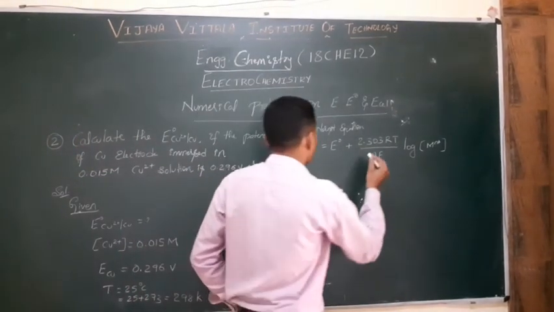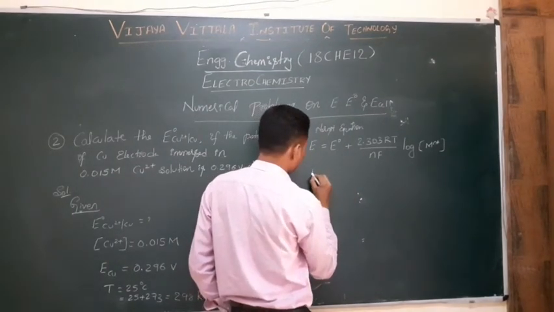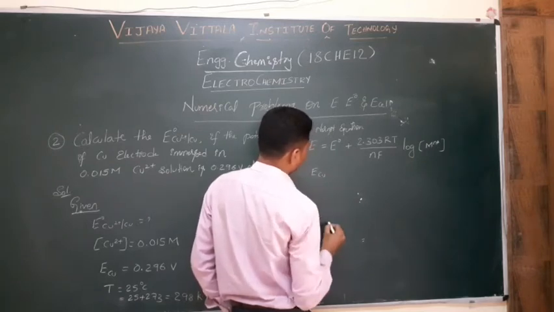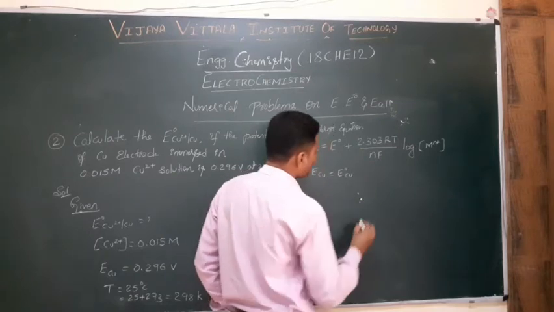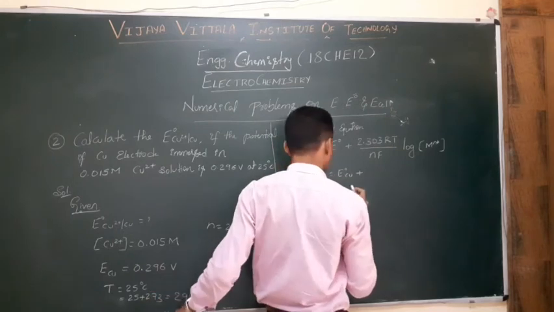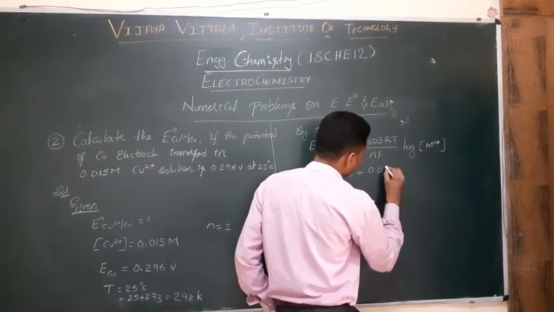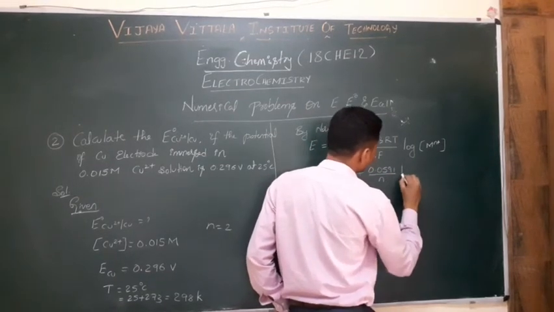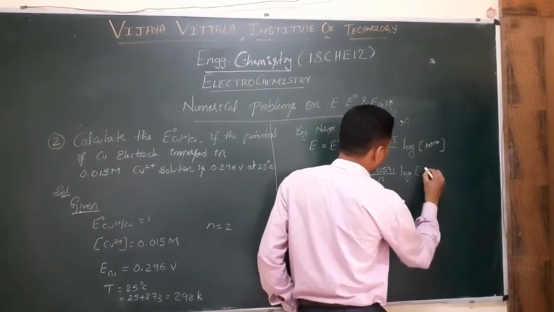So we need to calculate the standard electrode potential of copper. I'm rearranging this, or you can first write it. Electrode potential of copper is equal to standard electrode potential of copper plus, at 298 Kelvin, you directly substitute the value 0.0591 divided by n into log of copper 2 plus.